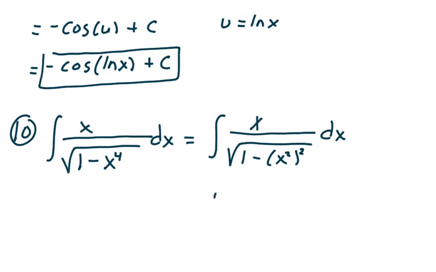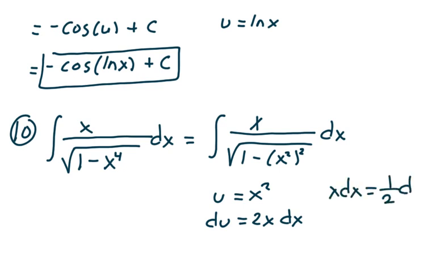Now, I'm going to let u equal x squared. du is 2x dx. So if I solve for x dx, I get 1/2 du.